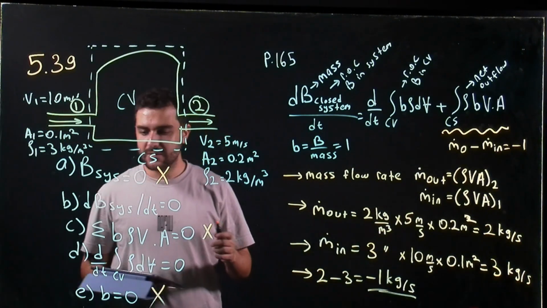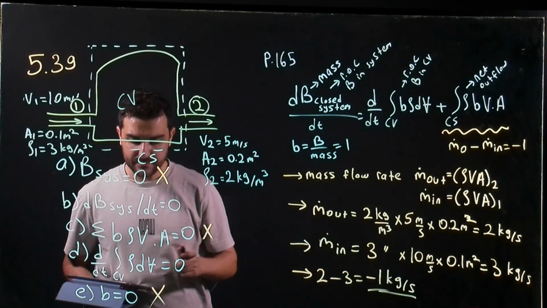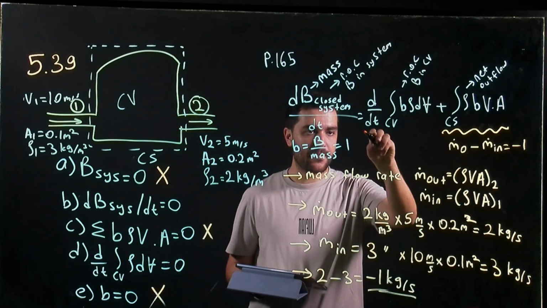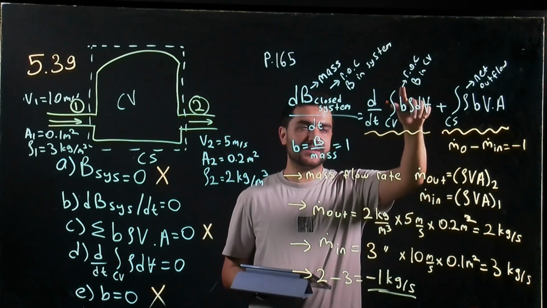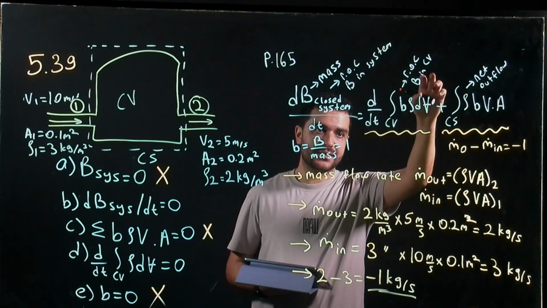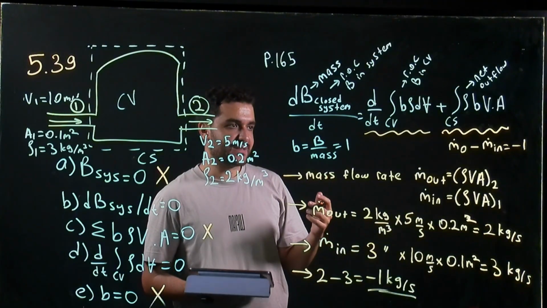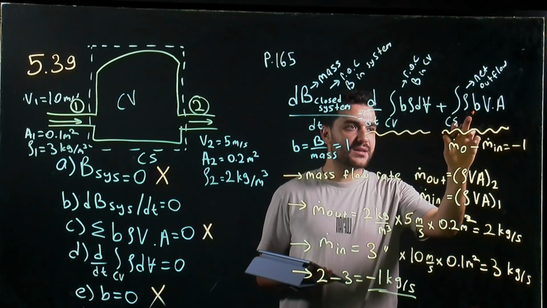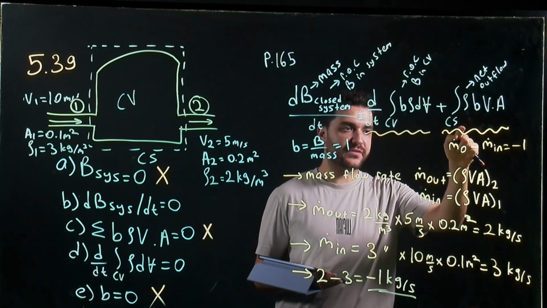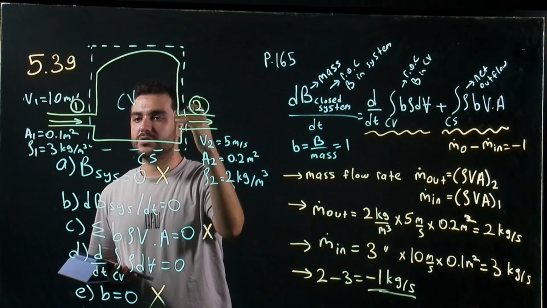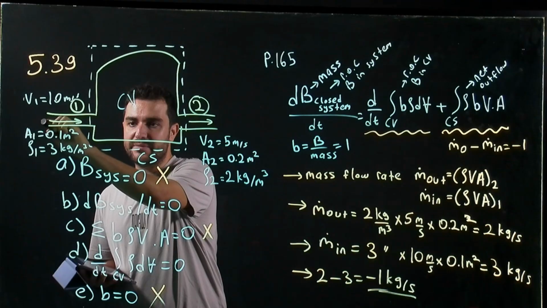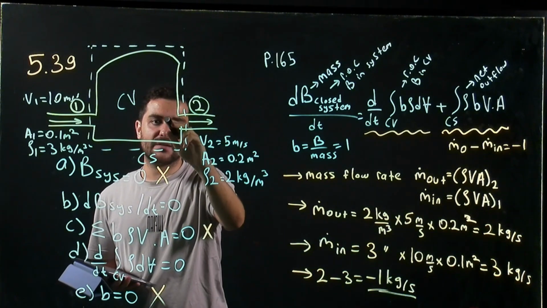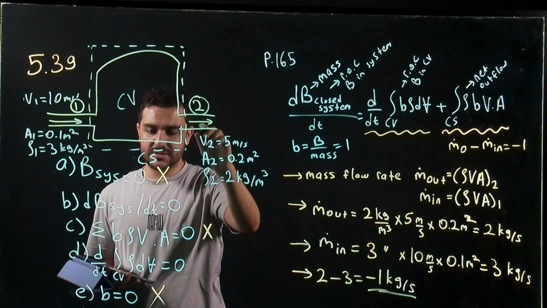Okay, and now let's look at B and D. D is coming from this term, and as I explained, this is the rate of change of B, or mass, in the control volume. However, we already calculated the outflow and inflow. Basically, as I mentioned, this shows the flow through the control surface. So we have inflow through this control surface, and it impacts the control volume here, and we have outflow again through the control surface.